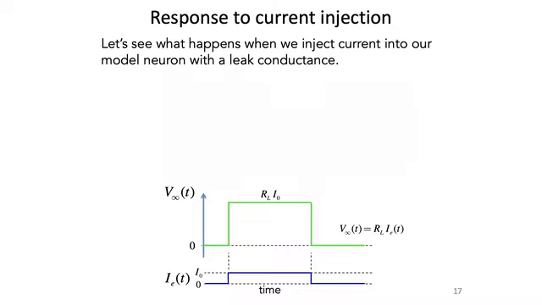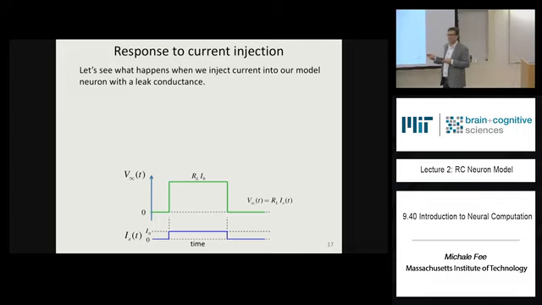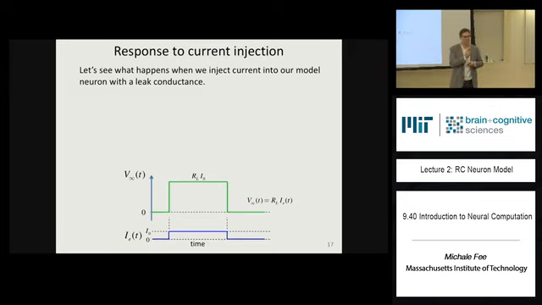It'll go up, and then it stays constant at R times I. And then at this point, the current goes back to 0, so V infinity is resistance times 0, so V infinity drops back to 0. Does that make sense? That's V infinity. That's not the voltage of the cell. That's the steady state voltage of the cell.